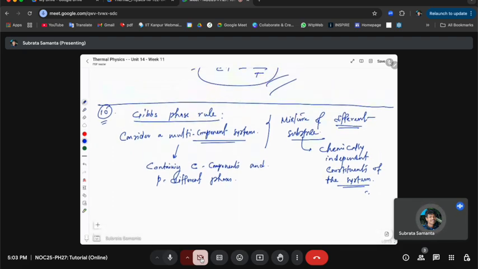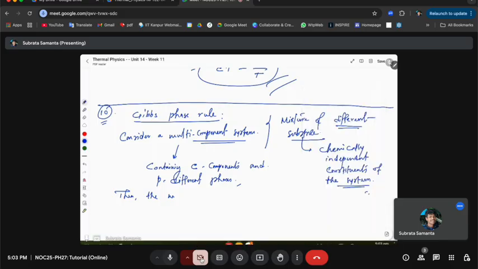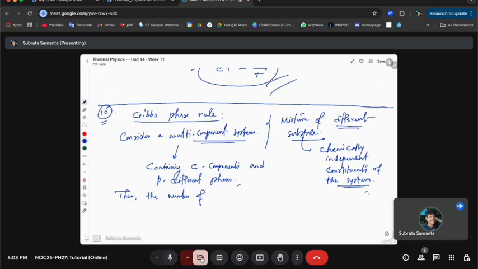then the number of degrees of freedom F of the system, okay, this is basically F, and that is your intensive variable.